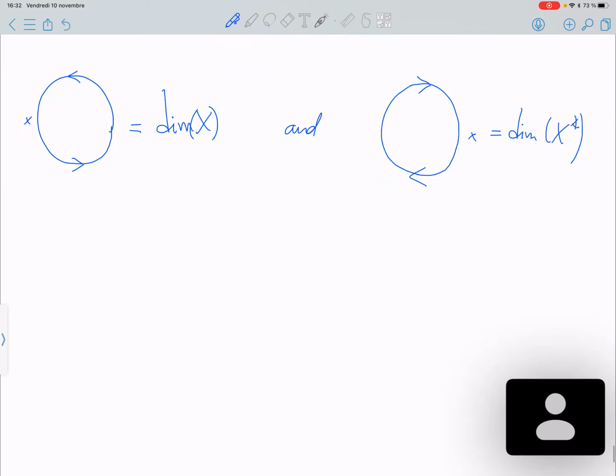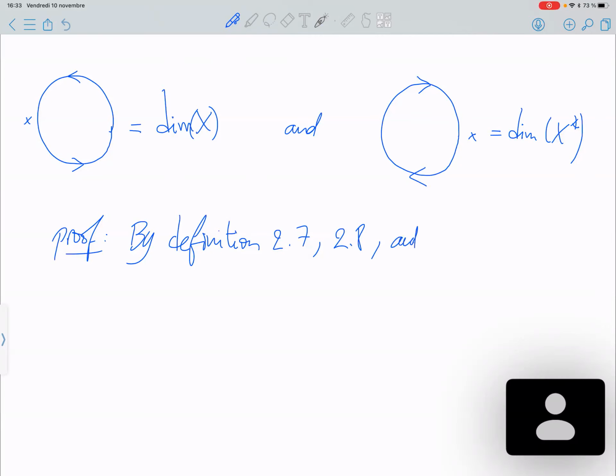Okay, so proof. The proof will be as straightforward as before. By definition, we use the definition of the trace, the definition of the dimension, and the lemma allowing us to have the trace where you put the pivotal structure on the other side.